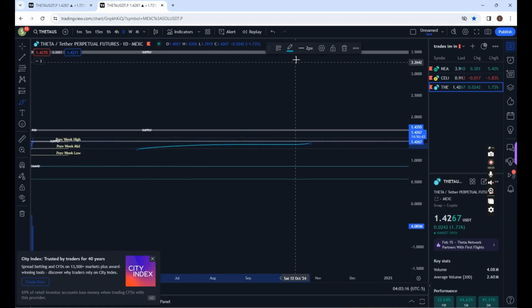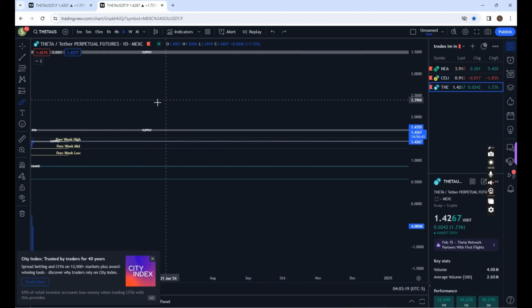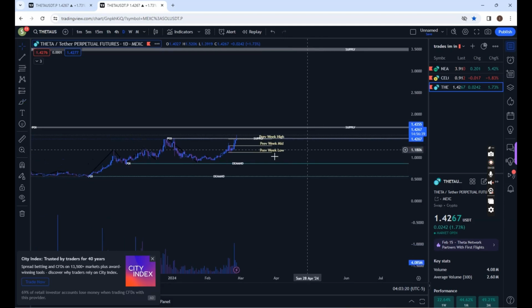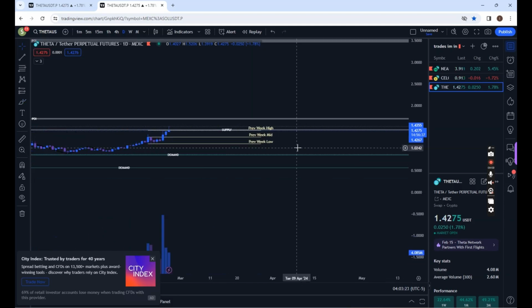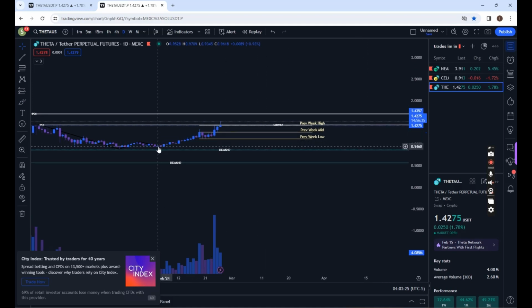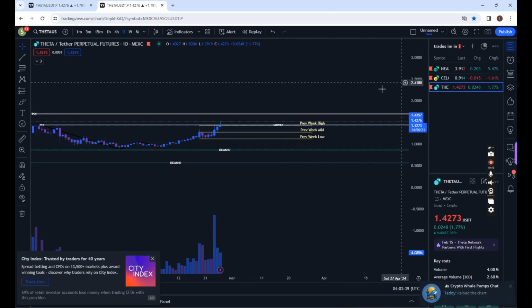Theta's pushed off, as you can see. Theta's pushed off here. You're probably going to get a little bit of a pullback down to around here. Consolidation, push off, pullback, consolidation, push off, pullback, consolidation.